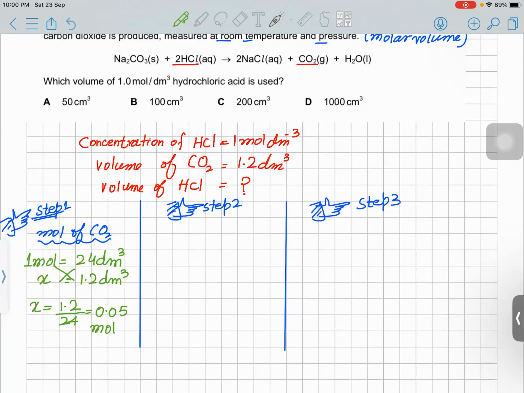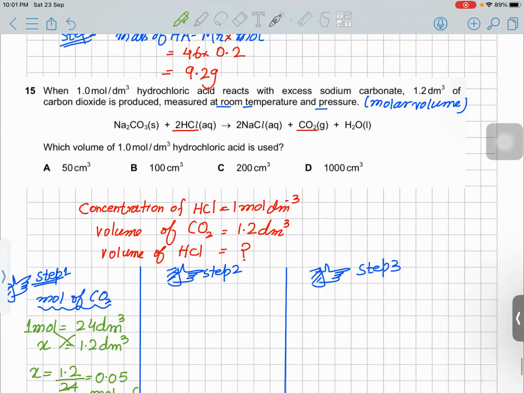Sir, in step 1 you have to find the mole of CO2. Yes. What is this, 1 mole equals 24 dm cube? Yes, 1 mole always contains 24 dm cube.